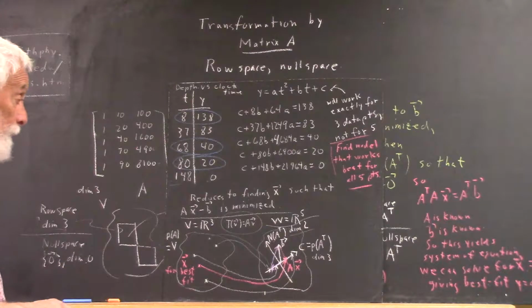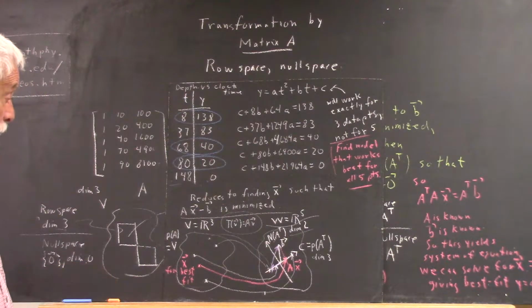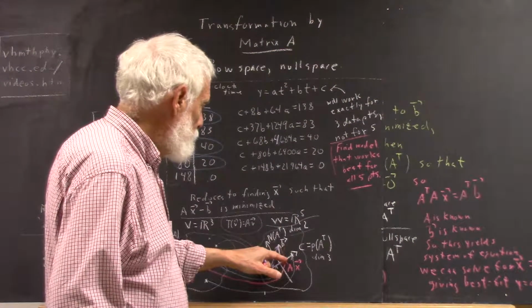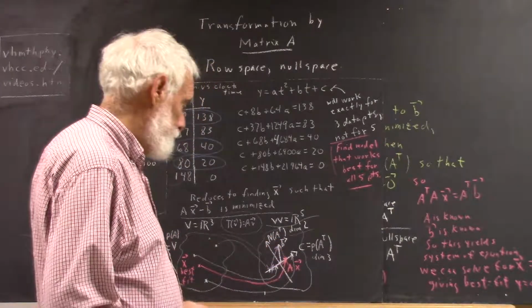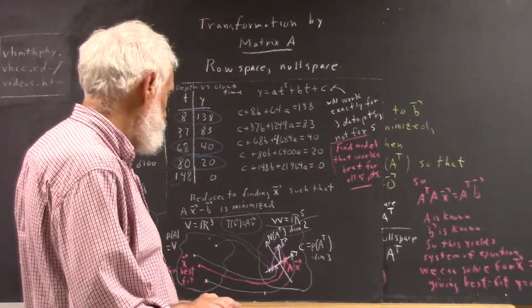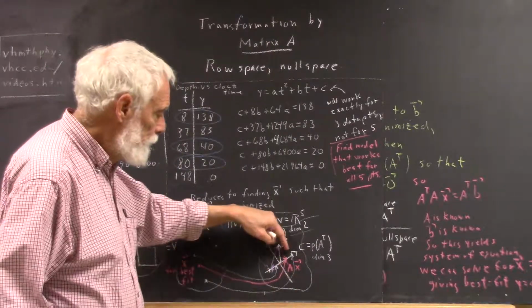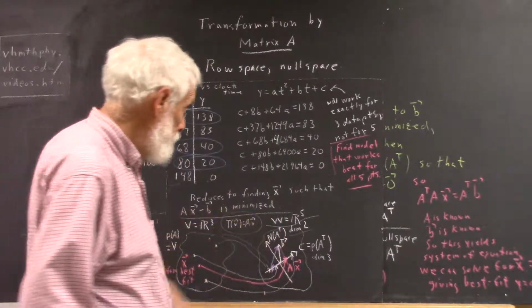Now what can we say about that vector? We can say that the vector along this projection line has to be parallel to the null space, so it has to be a vector in the null space.